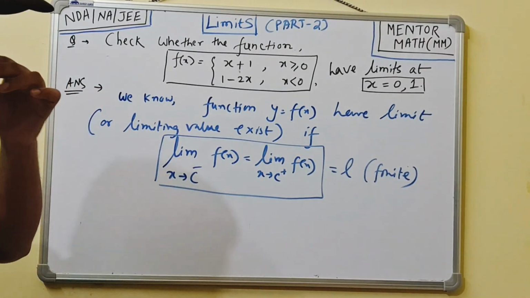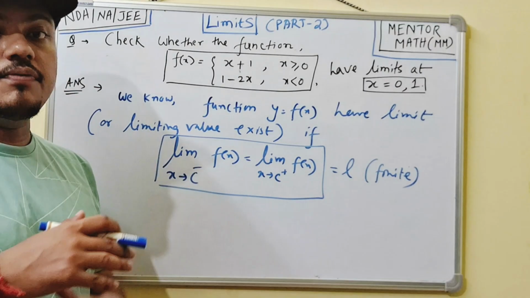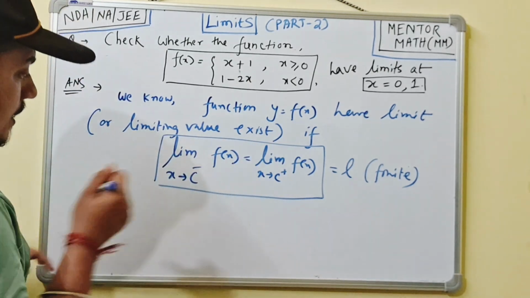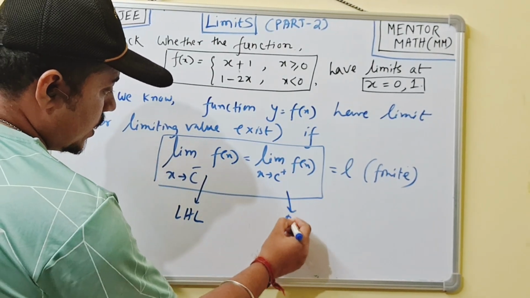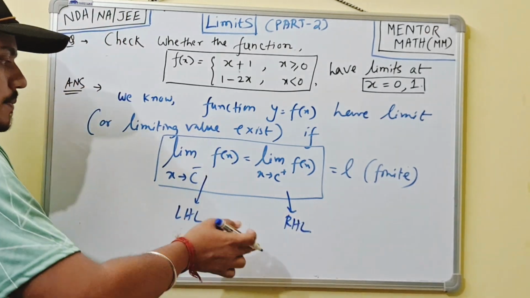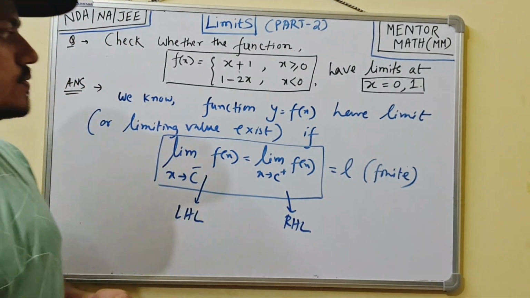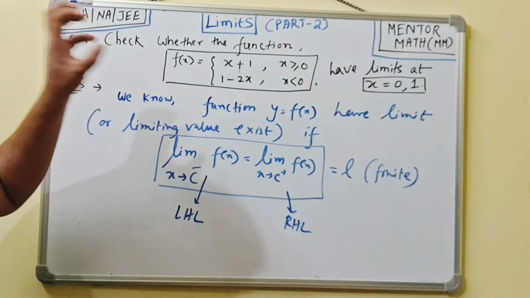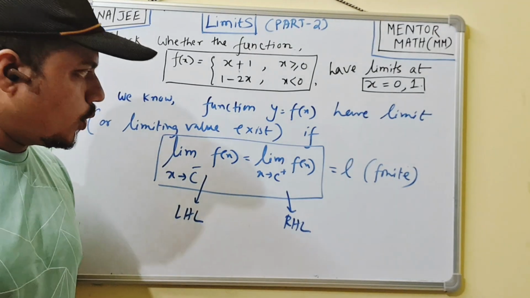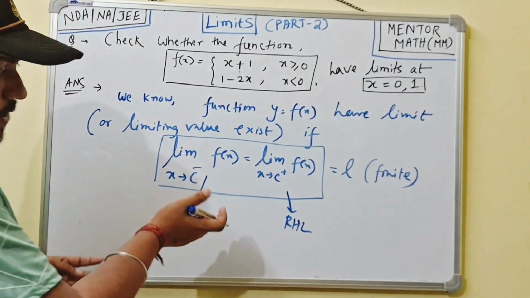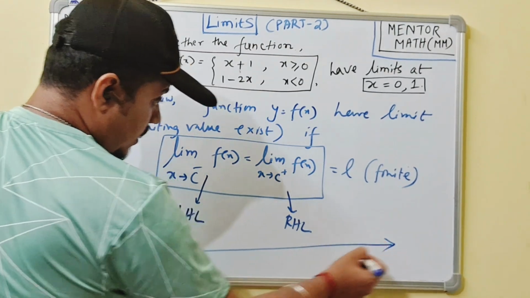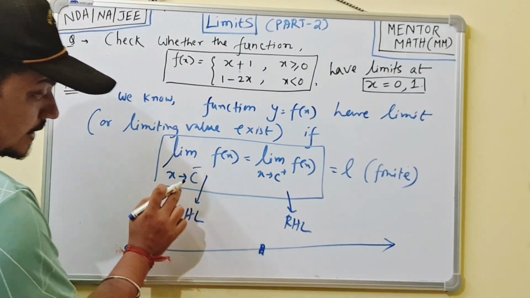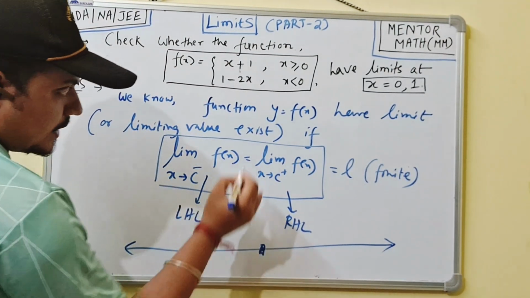The function has a limit, or the limit value exists, if the left hand limit is equal to the right hand limit. If these two are equal and that value gives a finite value, then this function gives a limiting value. If you draw one diagram, here is the particular point c.